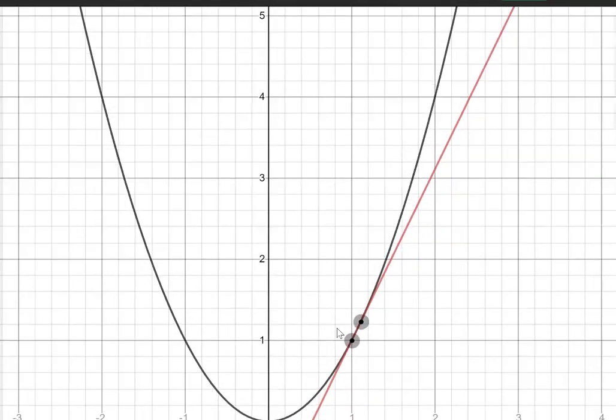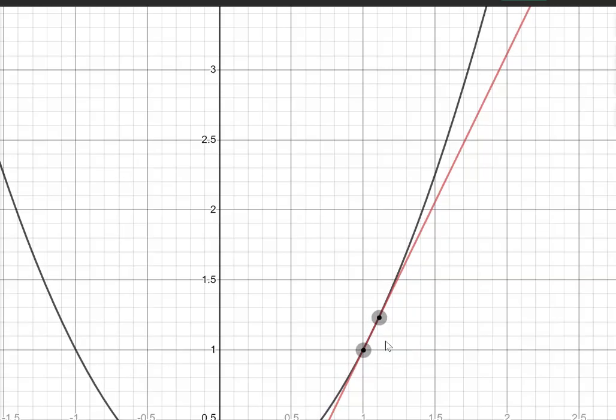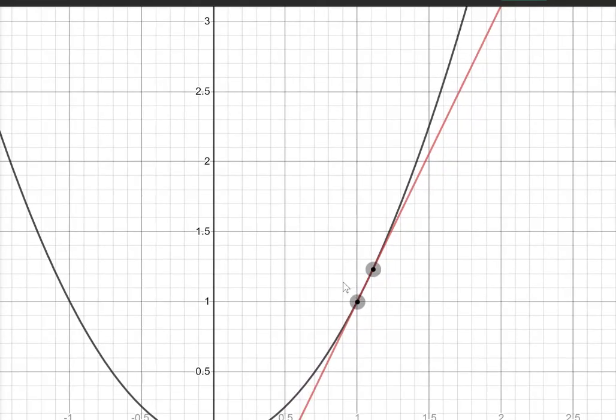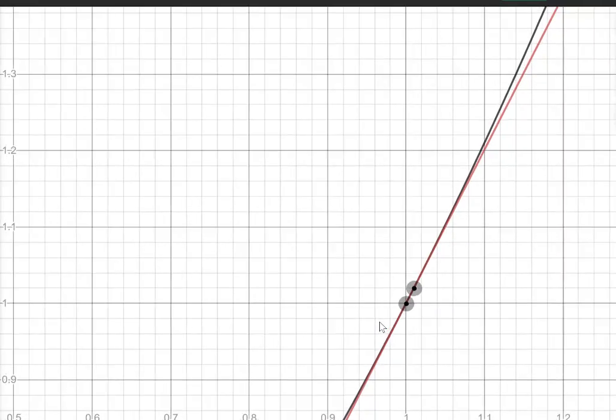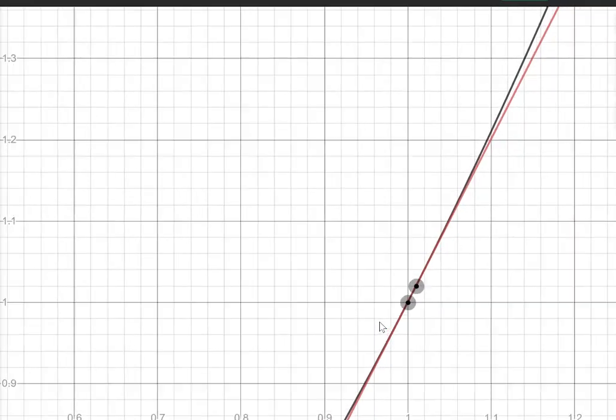But even if you think you're almost there, you can always zoom in more to see that this line is actually crossing the curve twice, 2 points there, a P and a Q. So I can keep getting closer and closer, and even if I think I'm there, I can always zoom in more. In the plane and in space you can keep doing this forever, without ever actually getting there.